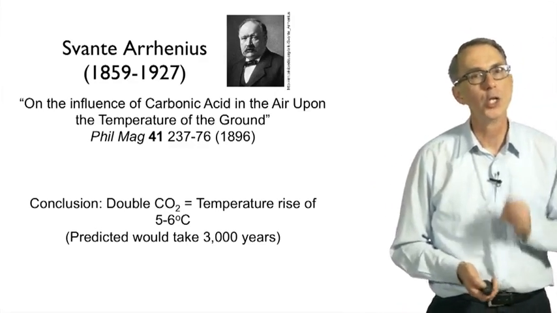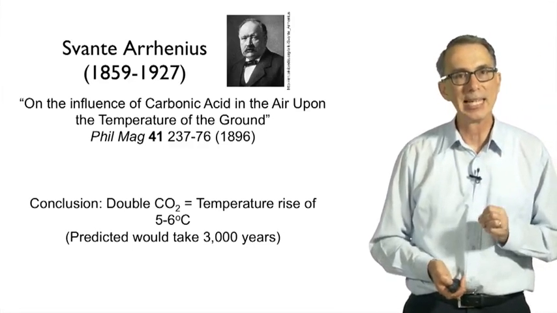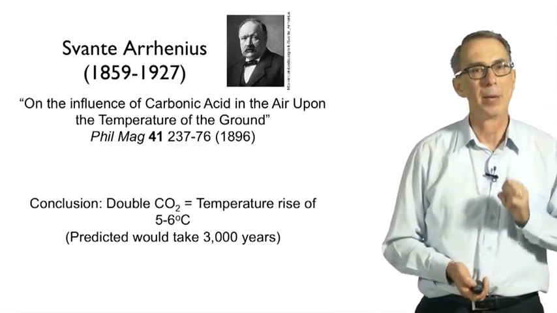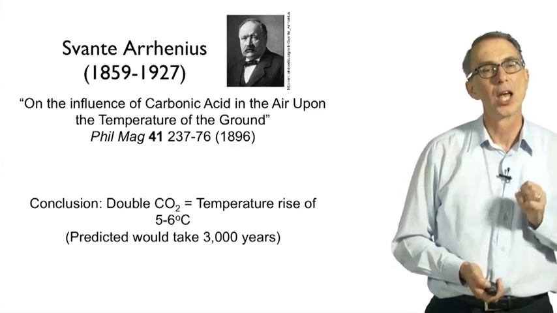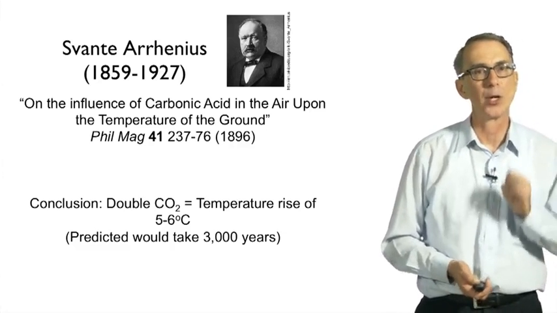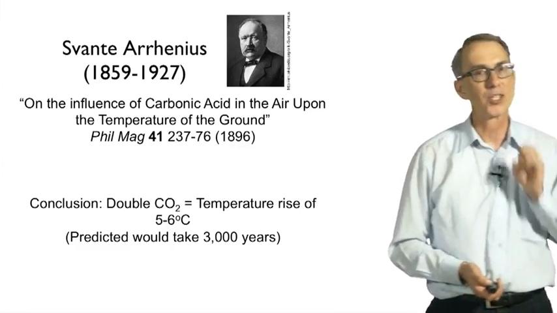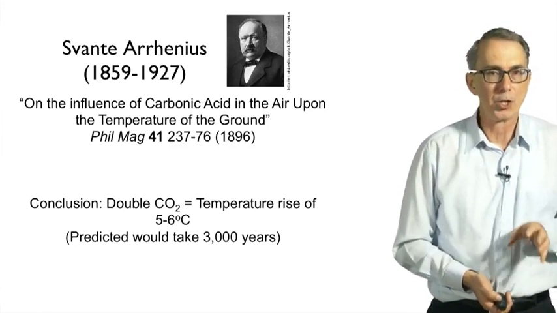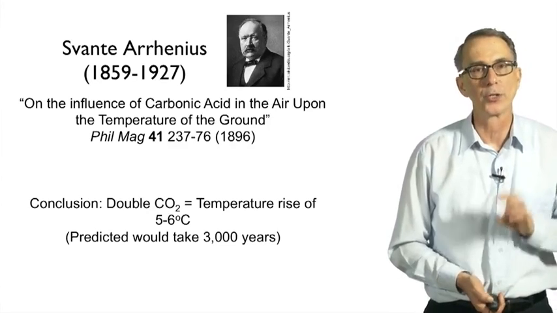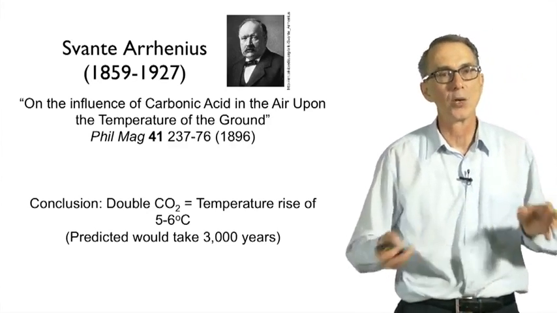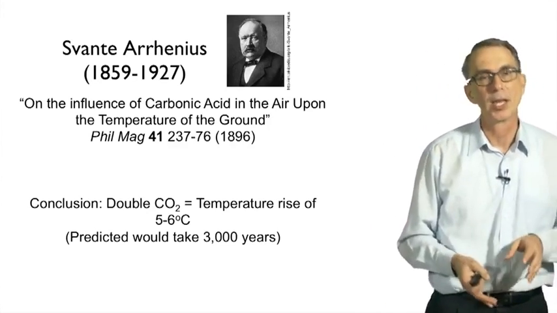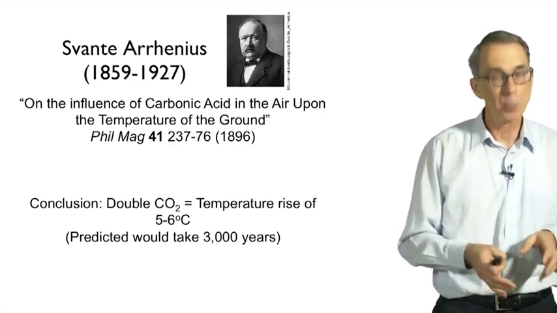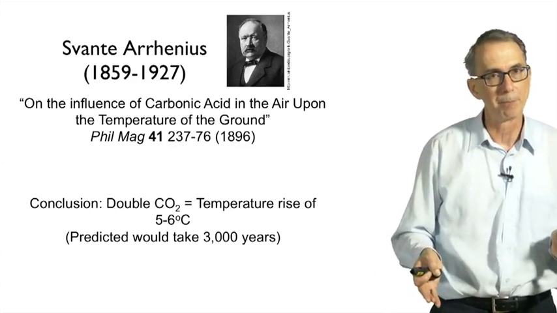It's not new science. Arrhenius published a paper in 1896 that talked about increasing carbon dioxide concentrations in the atmosphere associated with burning coal. He predicted that if we doubled carbon dioxide concentrations, temperatures would rise around 5 to 6 degrees. That's probably too much, but it's still a possibility.